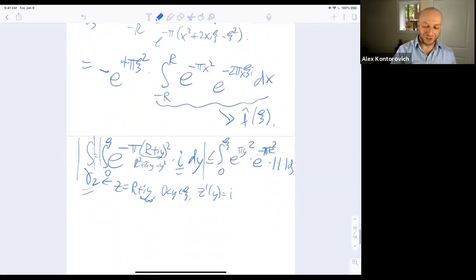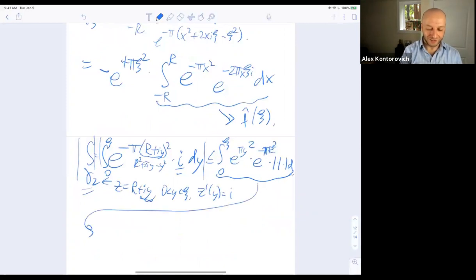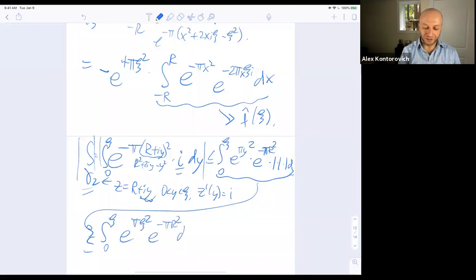All right, I'm going to finish it in 1 minute, and then we're going to review it next time because I'm really taking too long. Integral from 0 to C. I'm going to upper bound this by replacing y by its largest value, which is C. So this is less than or equal to e to the pi C squared, e to the minus pi R squared dy.